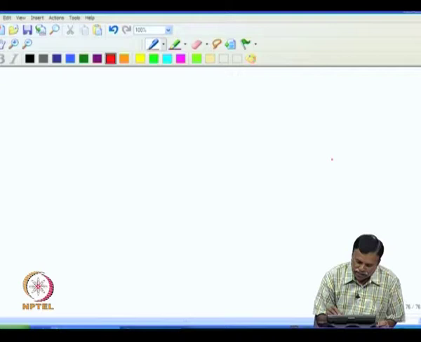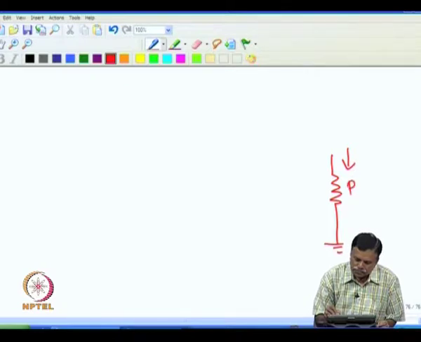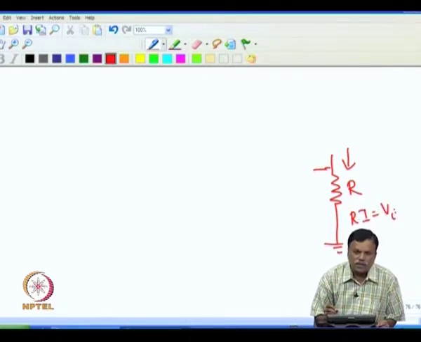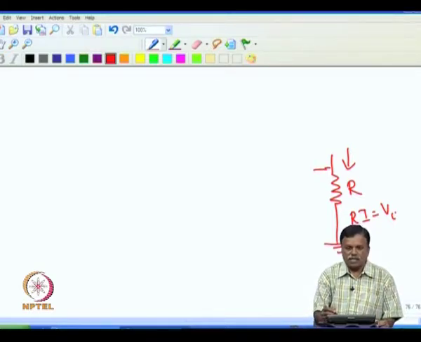For example, we have a resistance, and assume some current I is flowing through this. It may be due to a transistor or some other device. So, the voltage at this point, with respect to ground, would be R into I across this, and if the voltage is more than a particular amount, we want to activate the transistor.